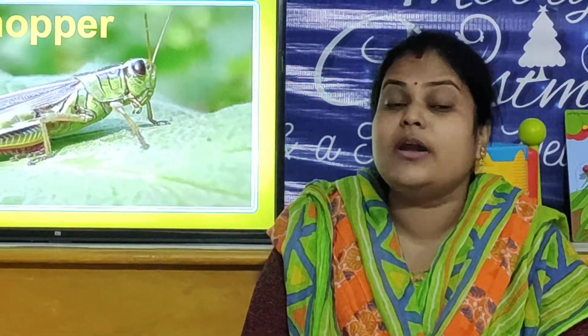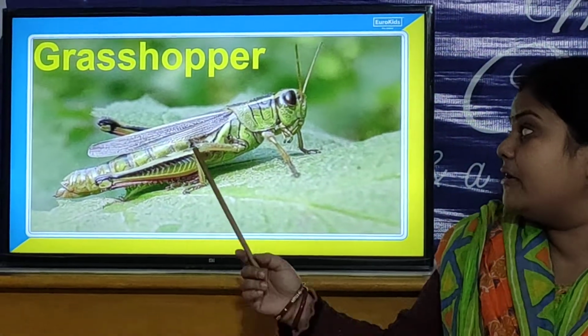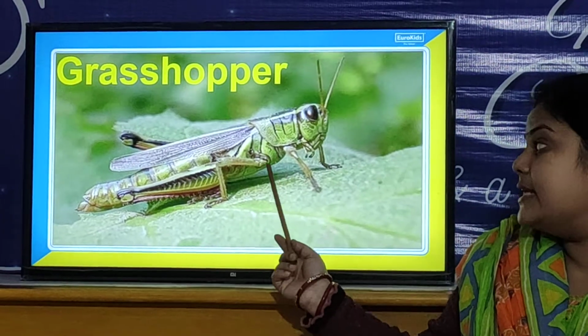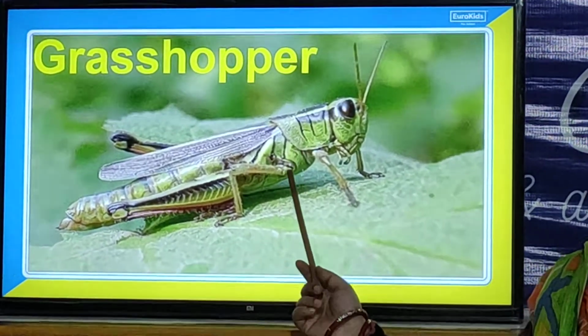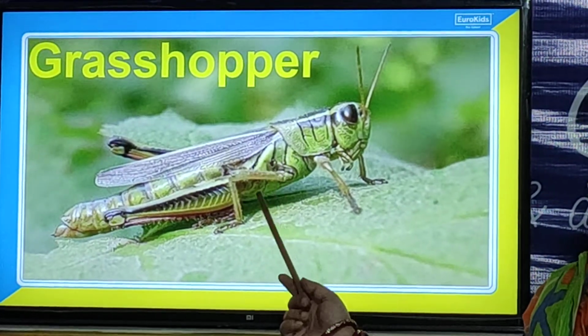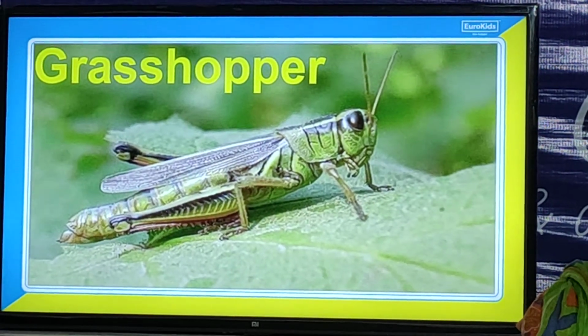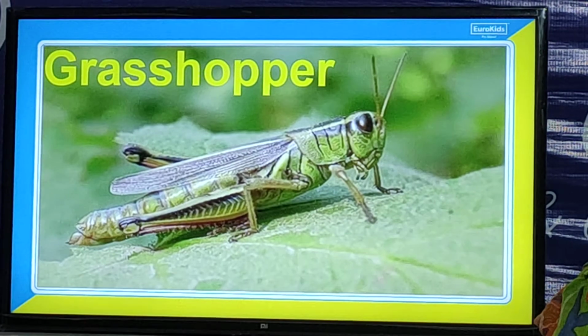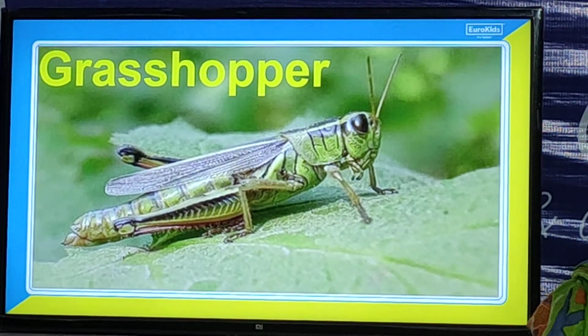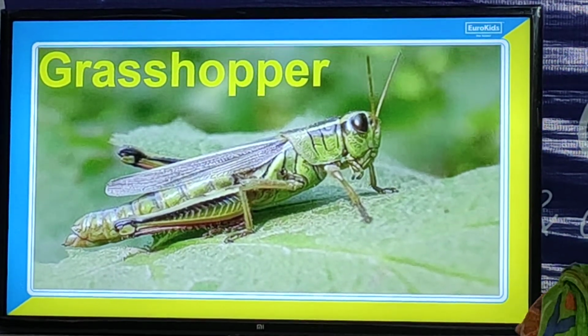And now children, we will look at our next insect, and that is the grasshopper. Look here, this insect's name is grasshopper. G for grasshopper. The green insect is the grasshopper. Grasshoppers are usually green in color.